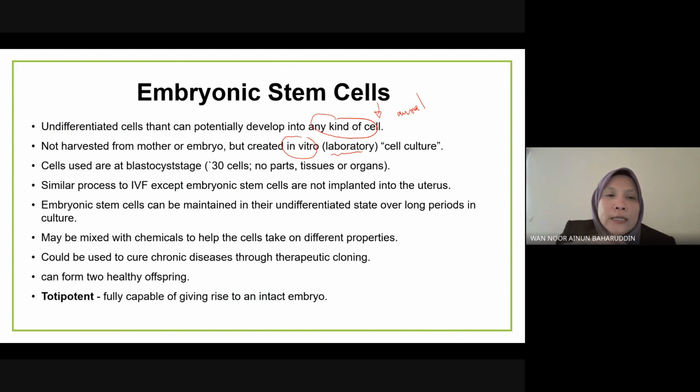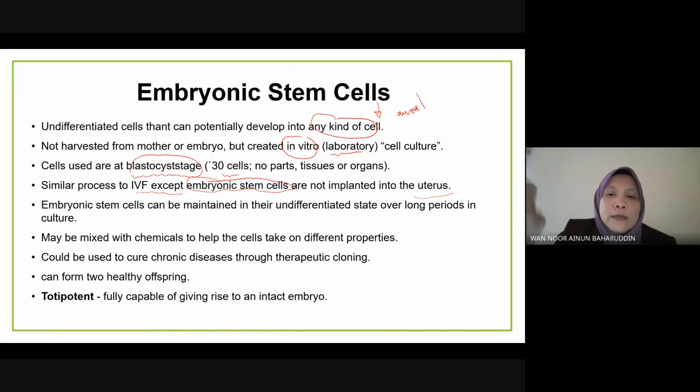Okay, the cells that are being used are at the blastocyst stage. Maksudnya stage yang dalam nilainya 30 sel saja yang masih baru develop, tapi they are produced the same as IVF, but embryonic stem cells are not implanted inside the uterus.